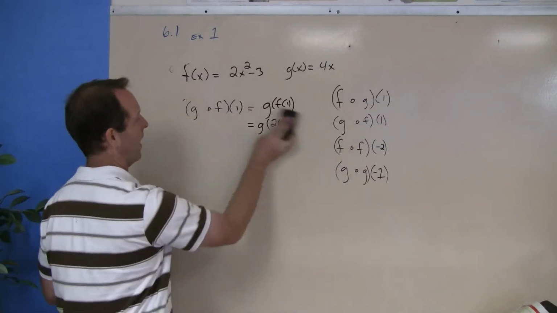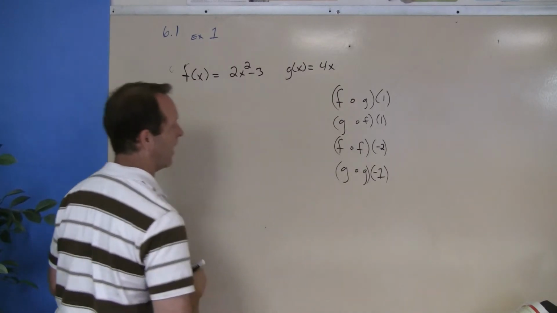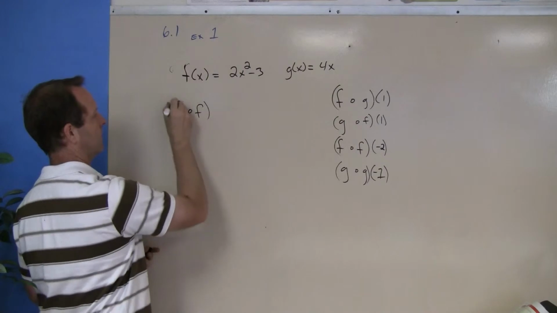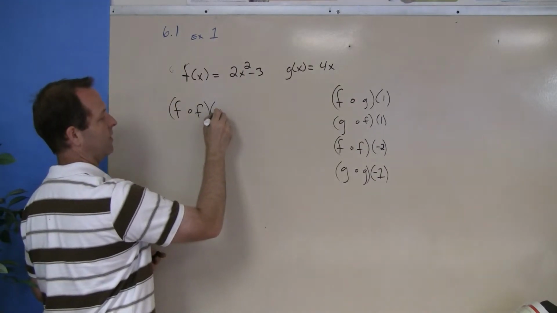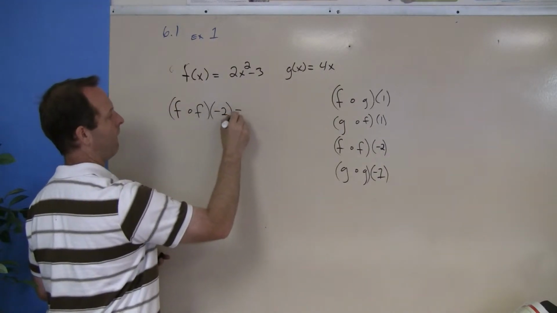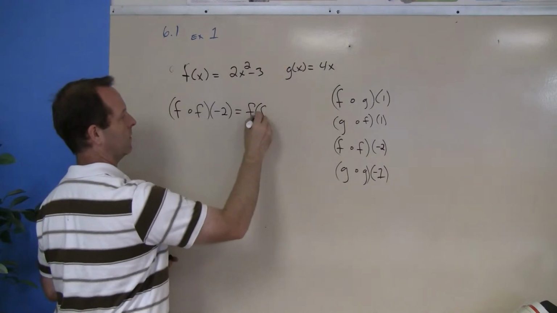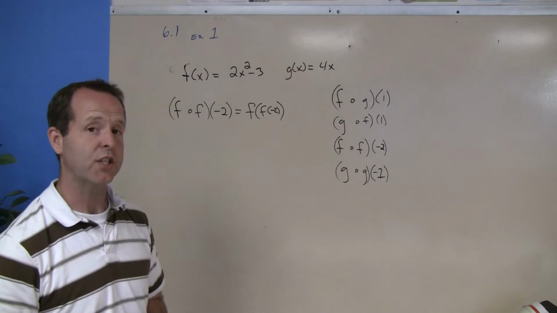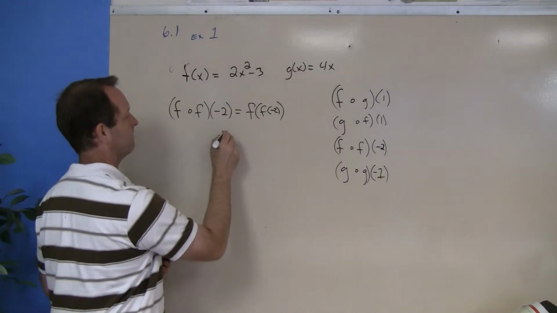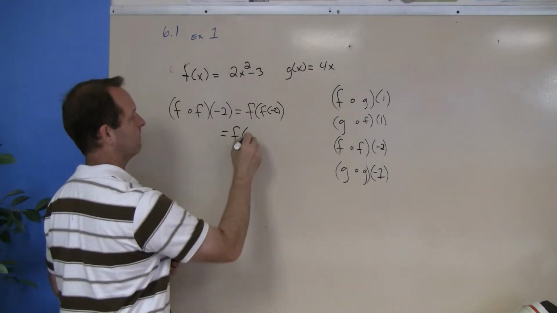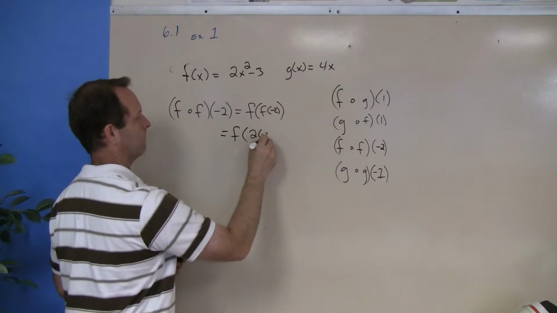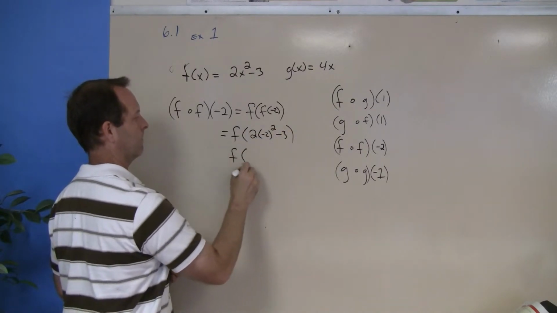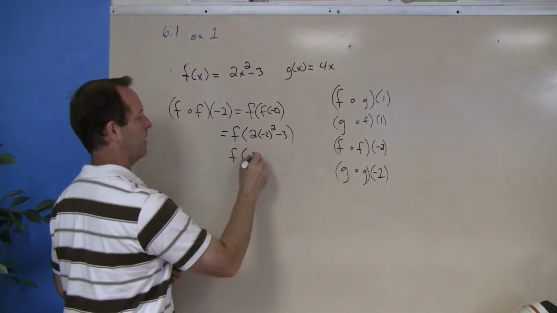F of f, or f composed with f. And we're going to do this at -2. You see how they're just kind of being nestled within each other? 2 times 4 is 8, minus 3.